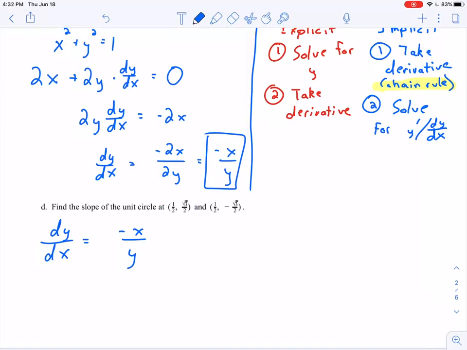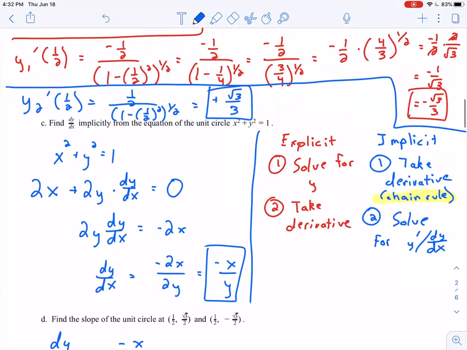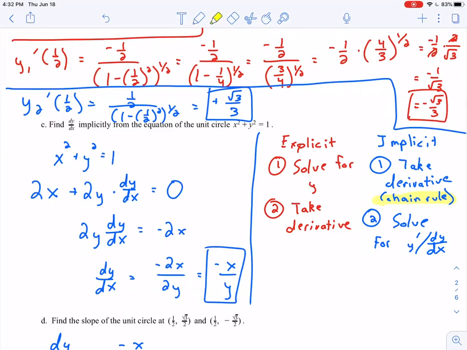Ideally, if implicit differentiation gives us the same result as explicit differentiation, we should end up with the exact same solution we did before: negative square root of 3 over 3 and positive square root of 3 over 3. So let's test this out and see.